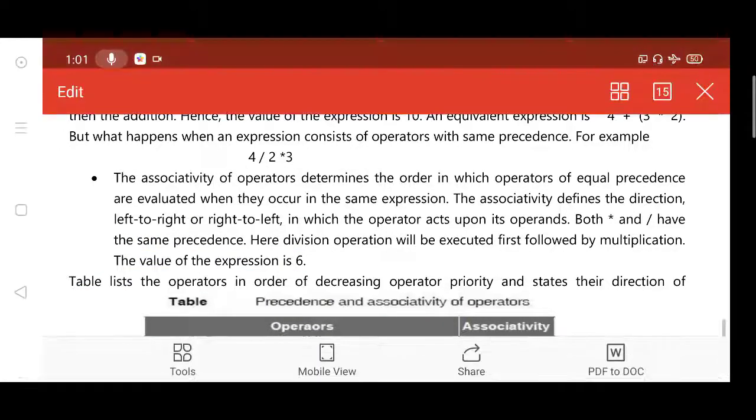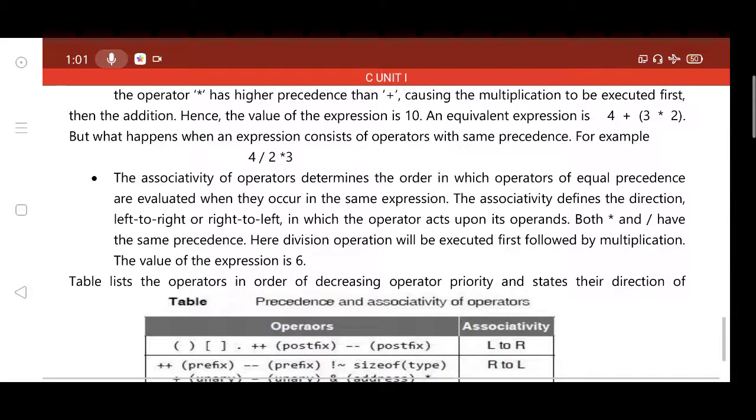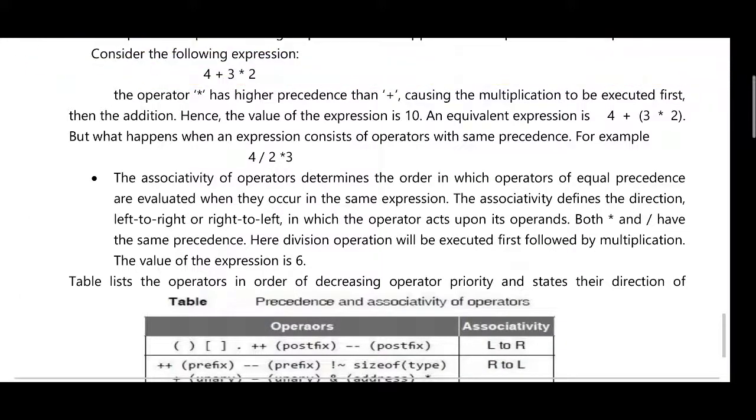Here the associativity of operators determines the order in which operators of equal precedence are evaluated when they occur in the same expression. It defines the direction, left to right or right to left, in which the operator acts upon the operands.